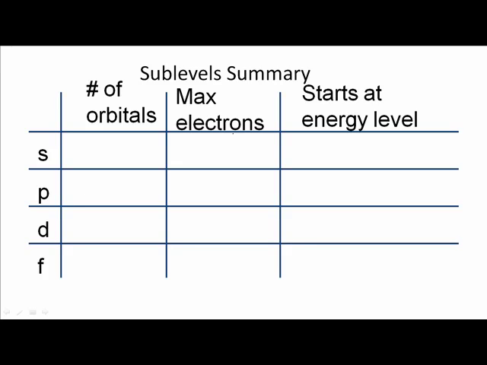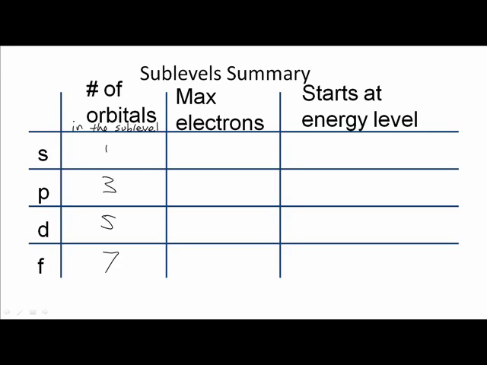So those are our different orbitals. Let's summarize the number of orbitals in a sublevel: S, 1, P, 3, D, 5, F, 7. All right.